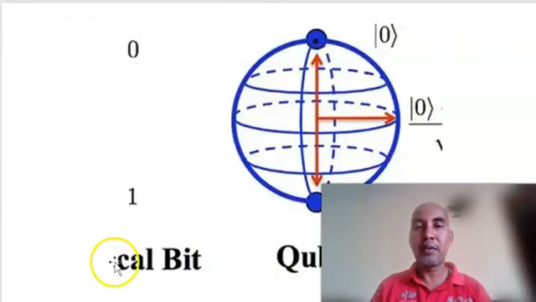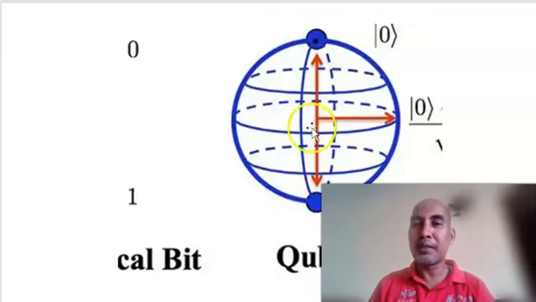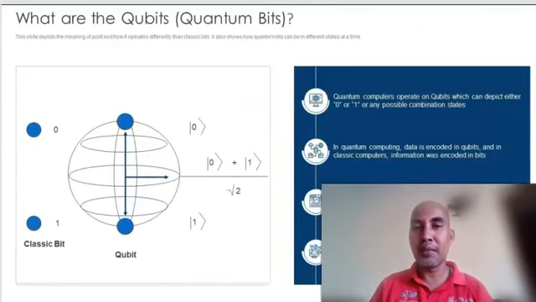A normal classical bit has zeros and ones, whereas the qubit inside that potential barrier can have n number of values. This is given for the x-axis based on the spin of the electron. Similarly, infinite possibilities are available in the y-axis and in the z-axis. Because of this, we can have a huge number of states in quantum computing.